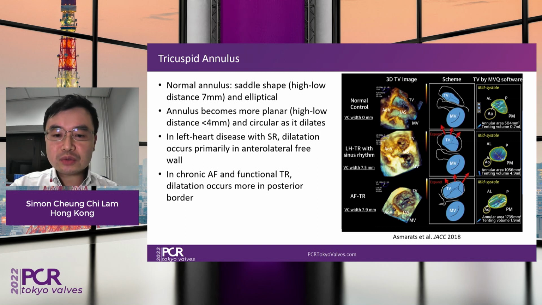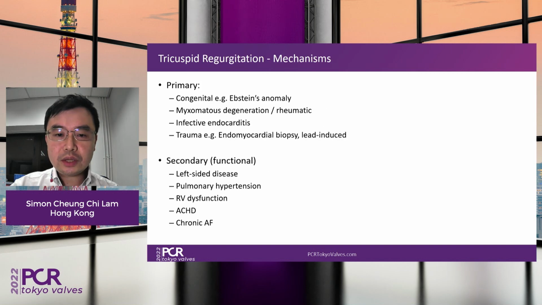In left heart disease with sinus rhythm, dilatation occurs primarily in the anterolateral free wall, and in chronic AF and functional TR, dilatation occurs more in the posterior border, based on CT or 3D echo studies. For tricuspid regurgitation, there are primary and secondary pathophysiologies, and most of the time, 80 to 90% will be functional in nature.